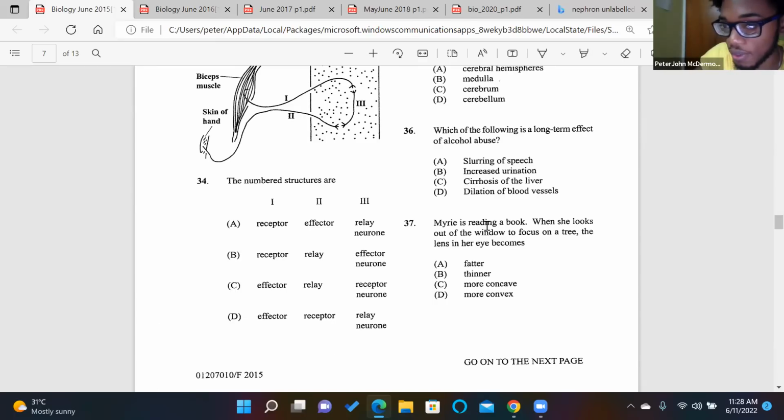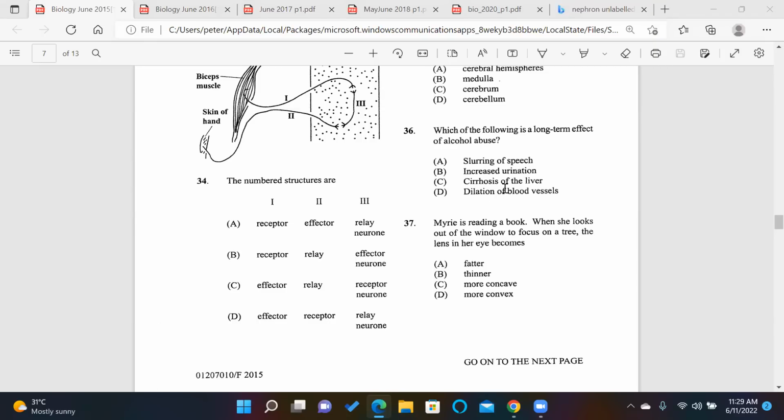Which of these is different from the others? C, perfect. Cirrhosis of the liver. Long-term alcohol abuse causes cirrhosis. Increased urination, slurring of speech, dilation of blood vessels, those are all short-term effects. Yeah, perfect.